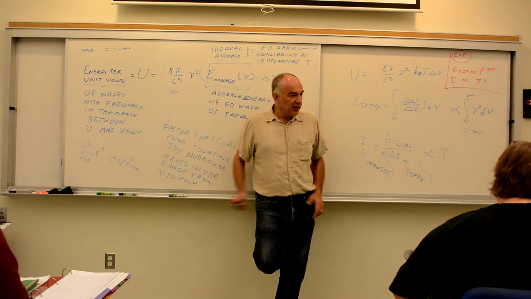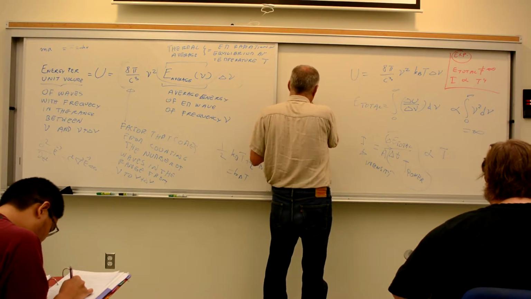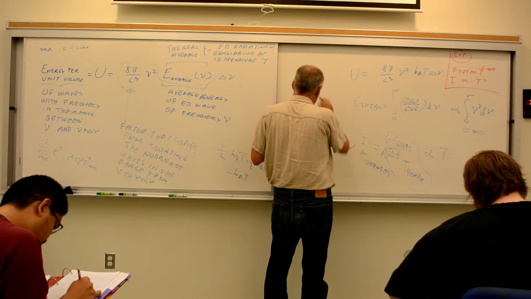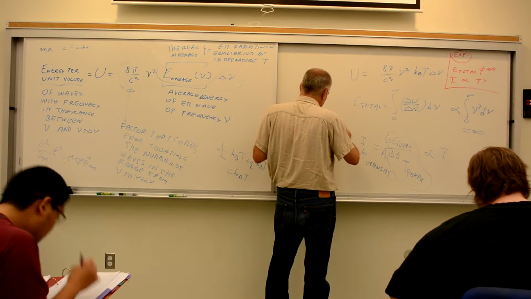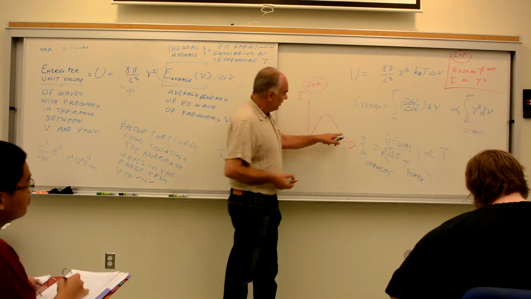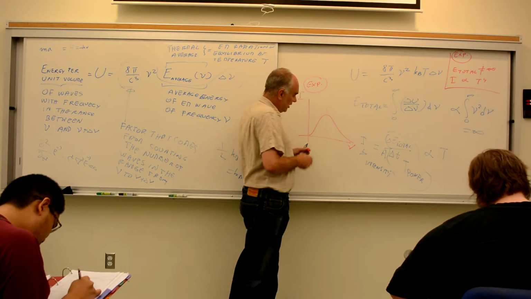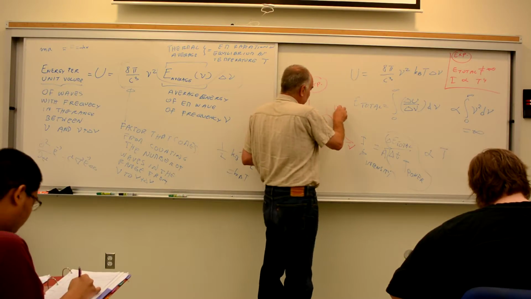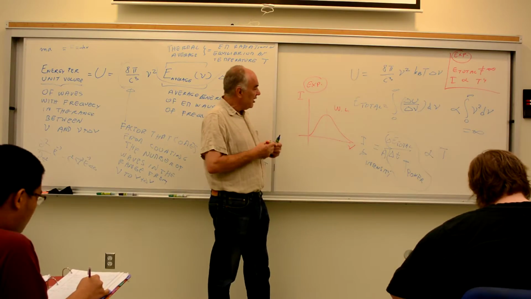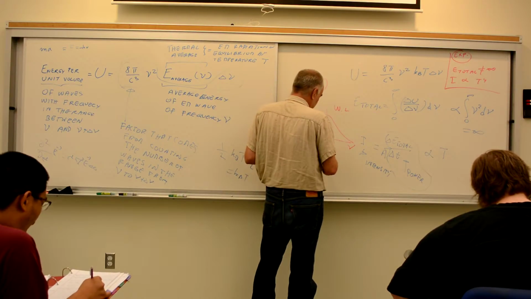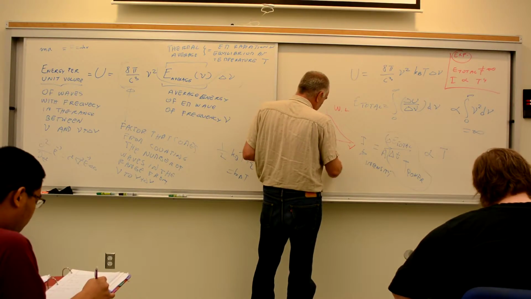So he had the curve which was measured experimentally. If you measure intensity as a function of frequency, the curve looks something like this. It wasn't symmetric, the tail on this side was different than the one on here, plus it started at 0. And there is also another law which was known, Wien's law, which says that the peak intensity occurs at a given temperature where roughly lambda times the temperature is a constant.